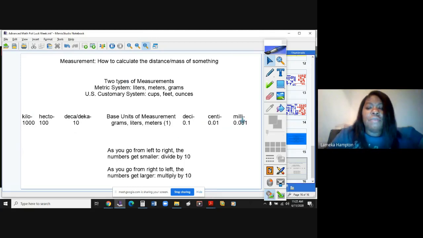So again, if I'm going from my right to left, if I'm going from milli to centi, that means my number is getting larger. Okay? Because remember, the further we go this way, the numbers get larger. And if we go the opposite direction, which is from left to right, the numbers get smaller. So when I go from milli to centi, I am multiplying by 10.